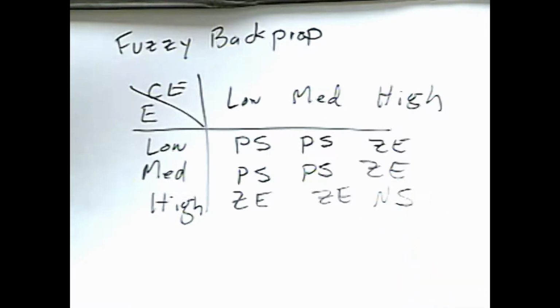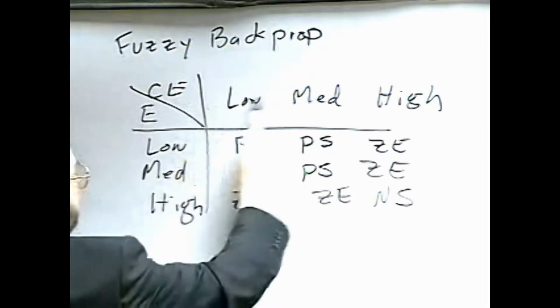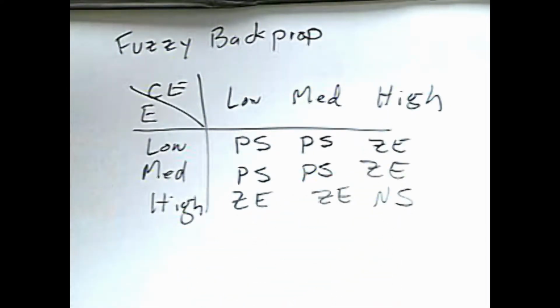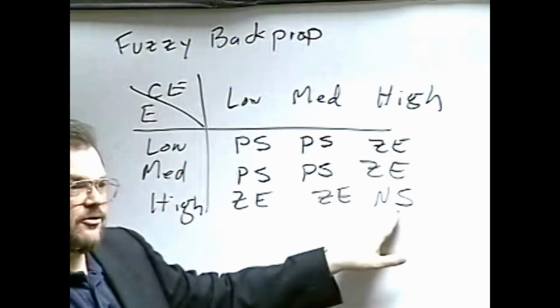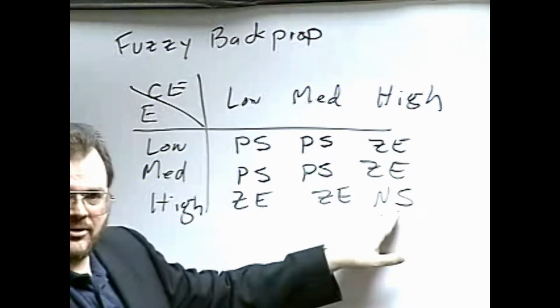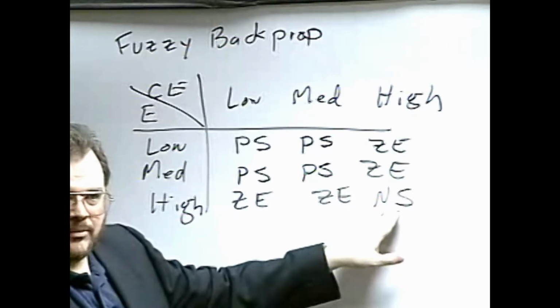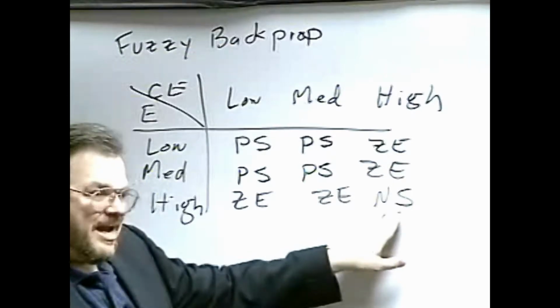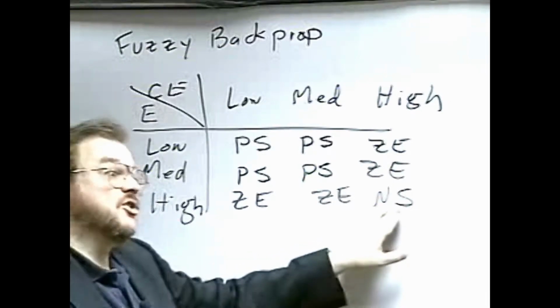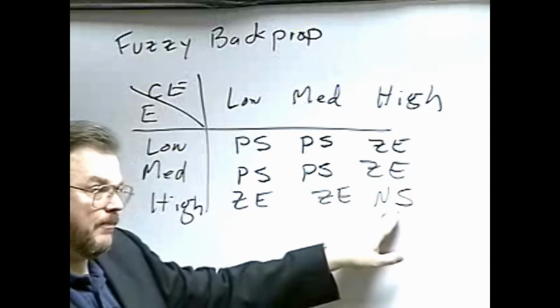We don't want to adjust the parameter of the step size in a gross fashion. We'd like to do it in a very small fashion. So the idea is that if our error is low, well, you can see here, for example, if our error is high and our change in error is high, then we would like, what happens? We're going down the slope, right? If our error and our change of error are both high, we're going down the slope, so we want to make our step size smaller. So we want to adjust the step size a little bit, negative small.